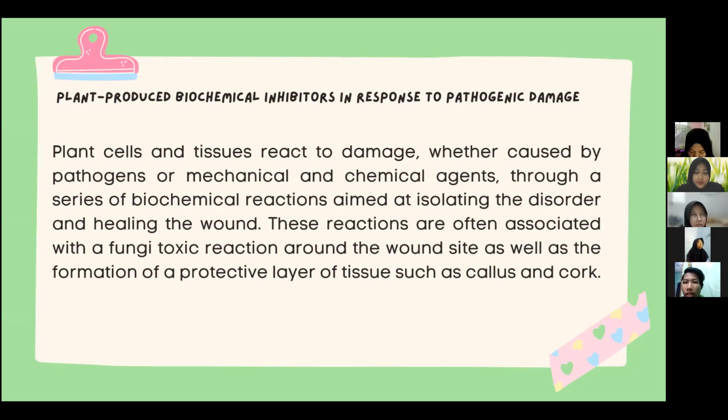Plant cells and tissues react to damage, whether caused by pathogens or mechanical and chemical agents, through a series of biochemical reactions aimed at isolating the disorder and healing the wound. These reactions are often associated with a fungitoxic reaction around the wound site as well as the formation of a protective layer of tissue such as callus and cork.